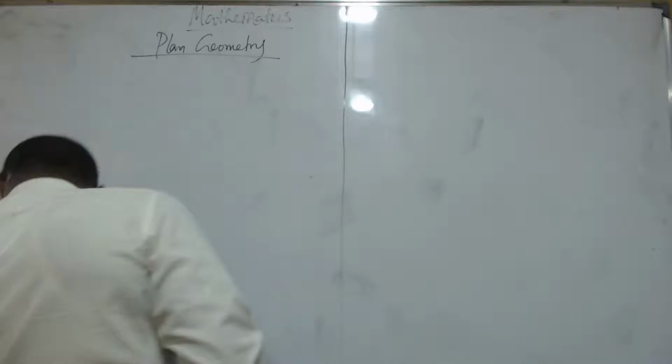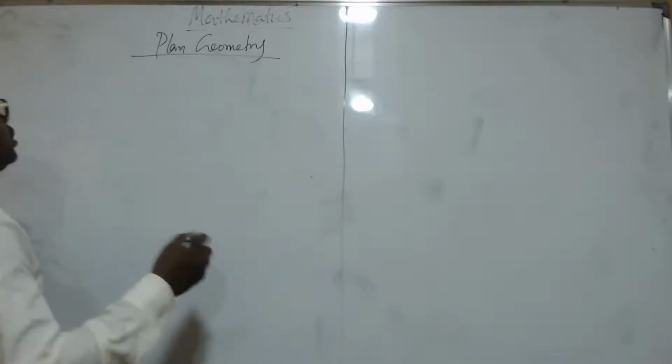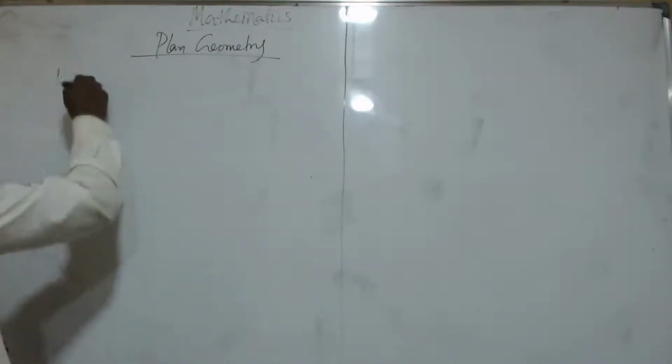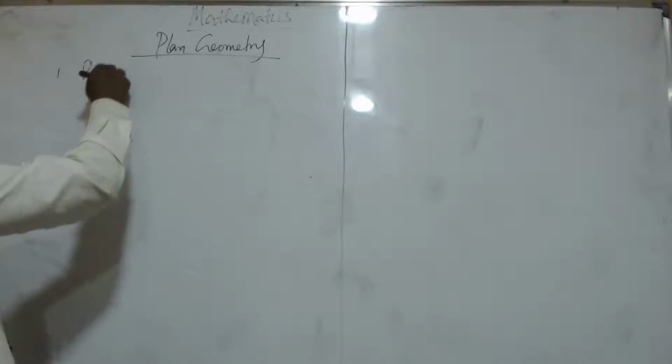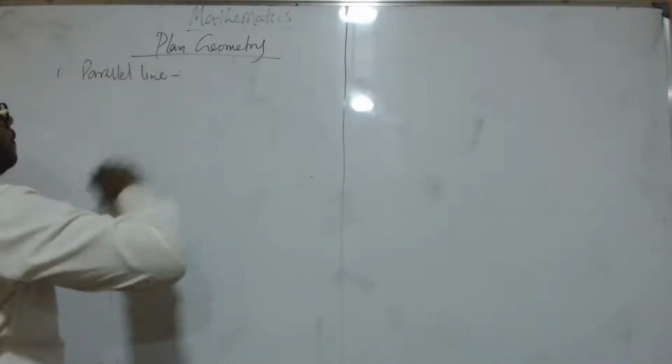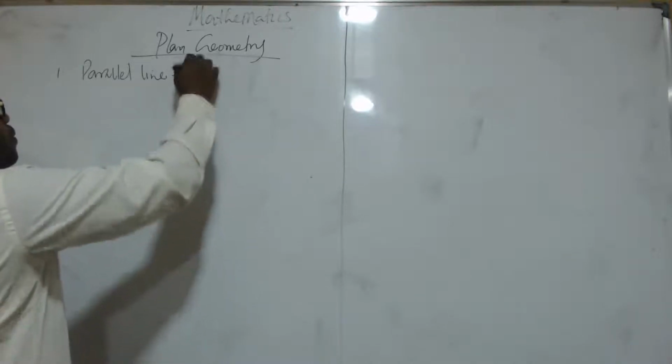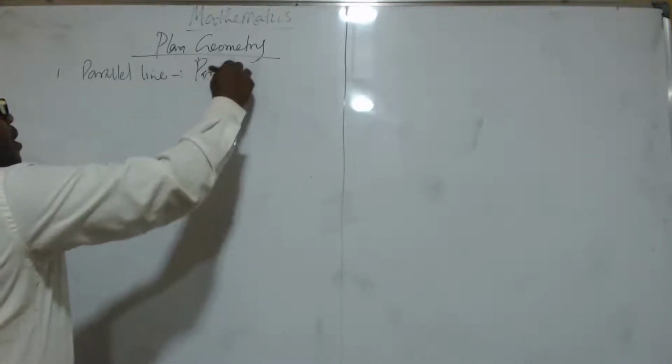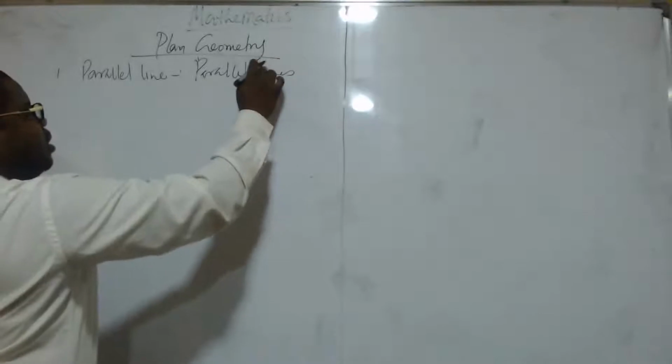For example, rule number 1 says what? Parallel lines.